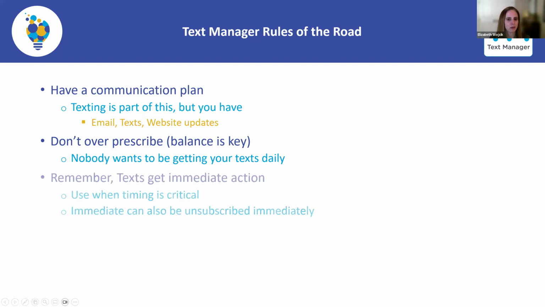Knowing that a text message gets that immediate action, timing should be very crucial on when it goes out. Maybe it's delivered along with a follow-up email or a pre-email, because you don't want them to be irritated and choose that unsubscribe option immediately.